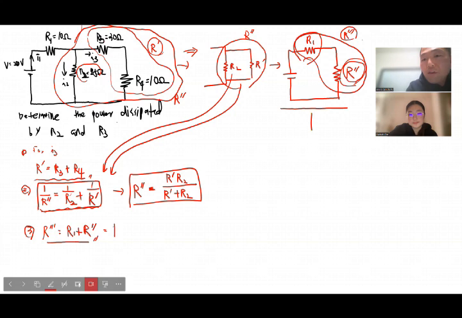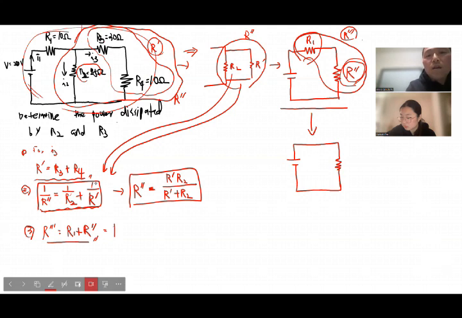One step further, you can simplify the total circuit configuration into only one effective resistor, which is the equivalent resistance for the DC circuit. So this complicated configuration of the original design can be simplified into only one battery and one equivalent resistor, which is REQ.